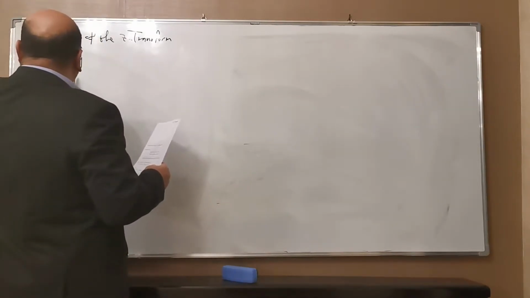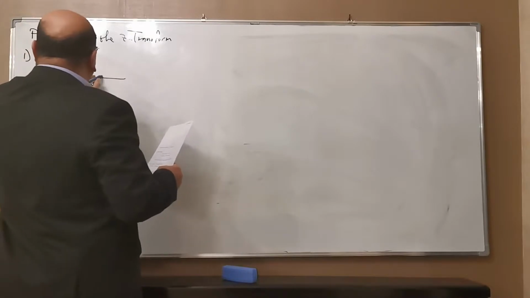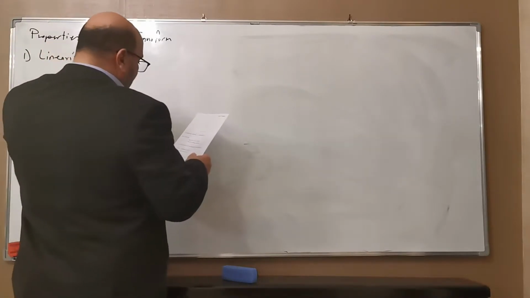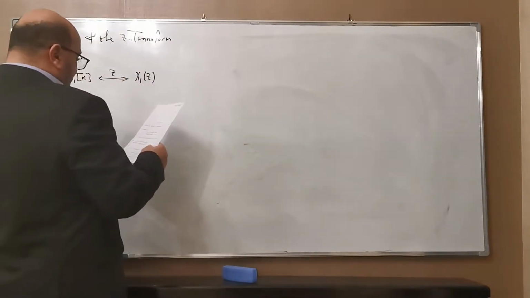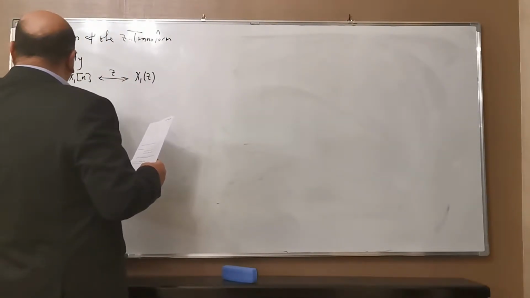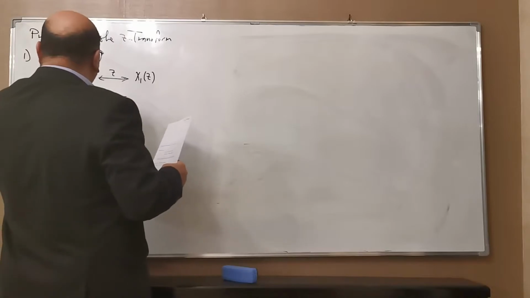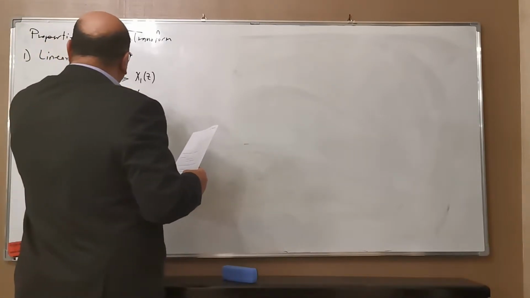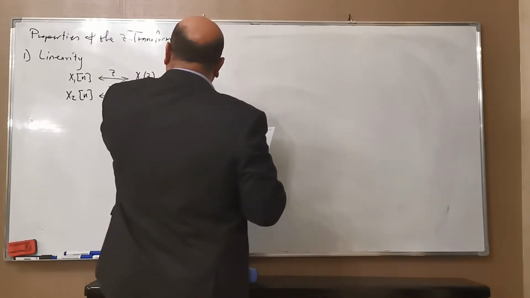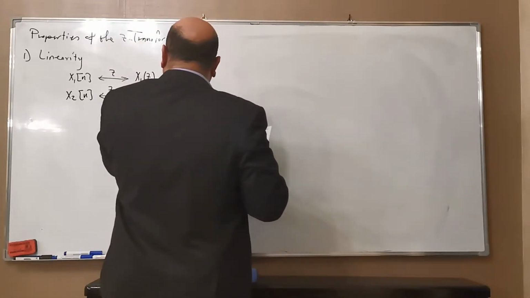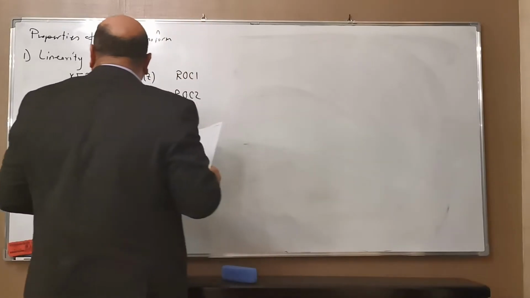Now, if you have x1 of n that has Z transform x1 of z, and x2 of n that has Z transform x2 of z, and this one has ROC1 and this one has ROC2, let's say.